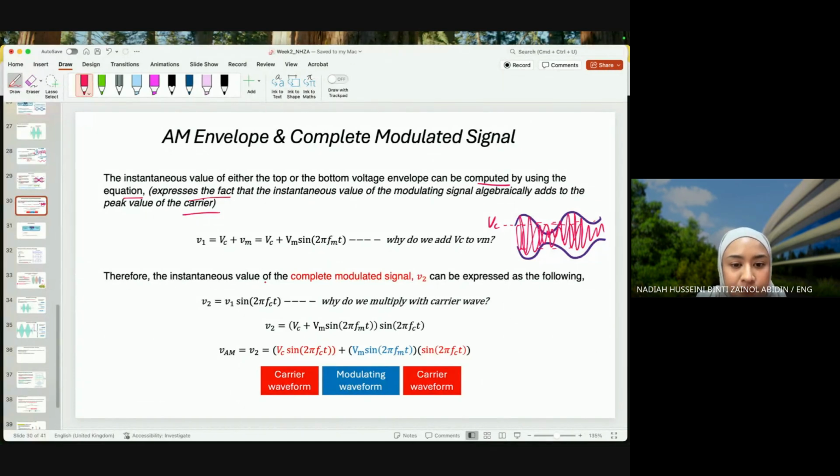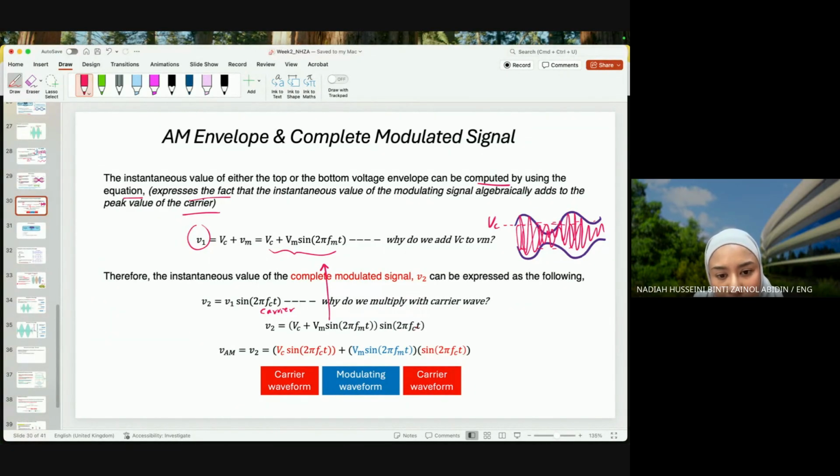Therefore, the instantaneous value of the complete modulated signal V2 can be expressed as the following. So V2 is V1, which is this guy, multiplied by the carrier wave, because we want to multiply the modulating signal with the carrier wave to get our AM wave. So V1 is VC plus VM sine 2 pi FMT, multiplied by the carrier wave.